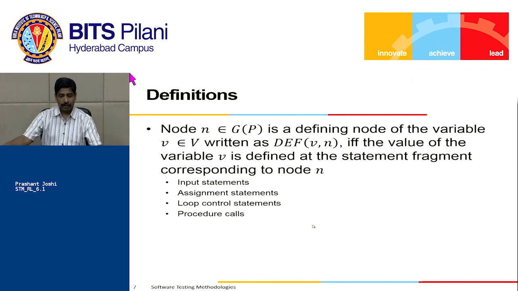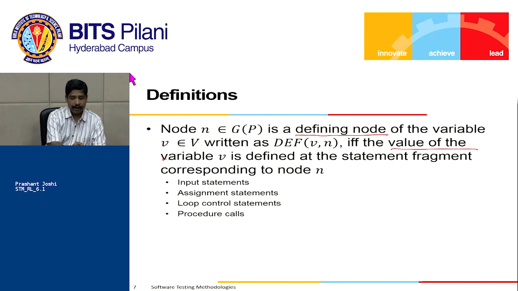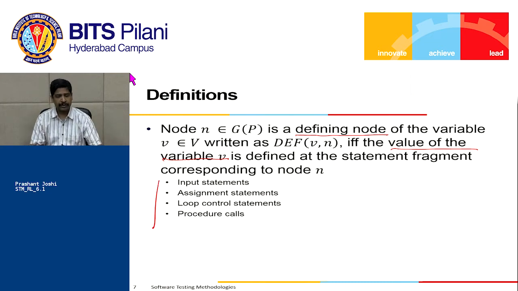Now we start looking at the defining node, where the value of the variable is defined. All input statements, assignment statements, loop control statements, and procedure calls could be defining nodes.